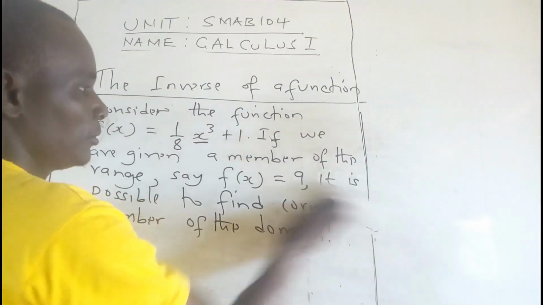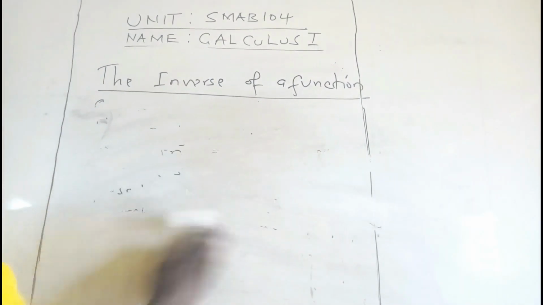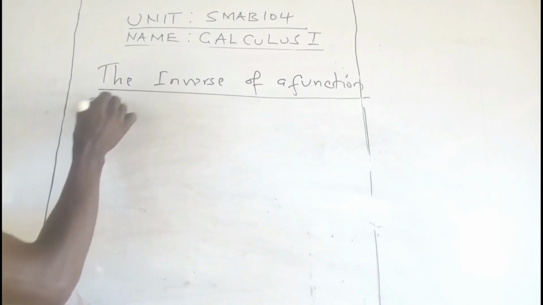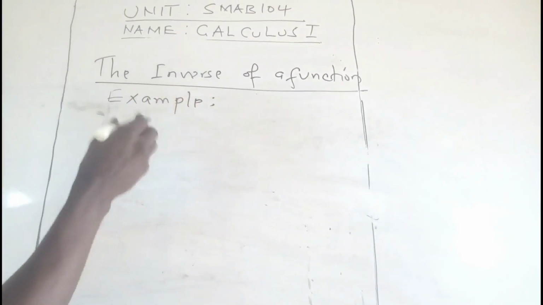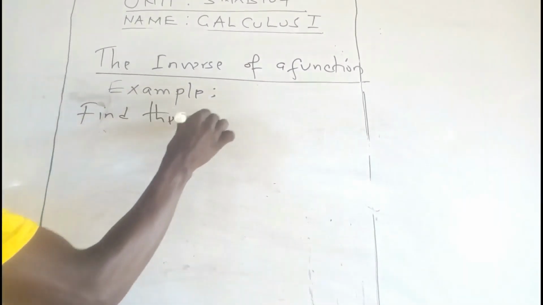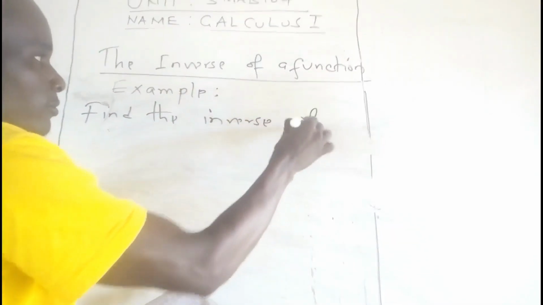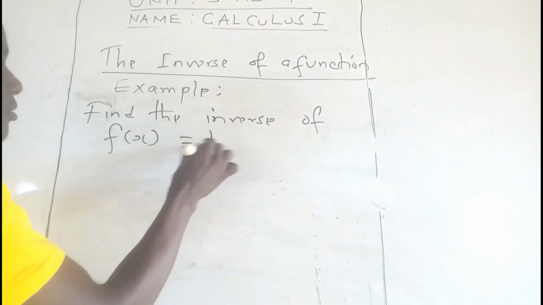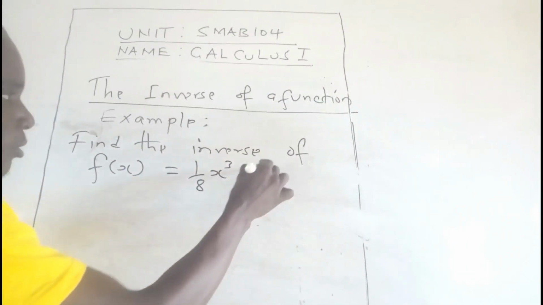Now, how do we find the inverse of a function? An example: find the inverse of the same function that we were given, which is f of x is equal to 1 over 8x cubed plus 1.